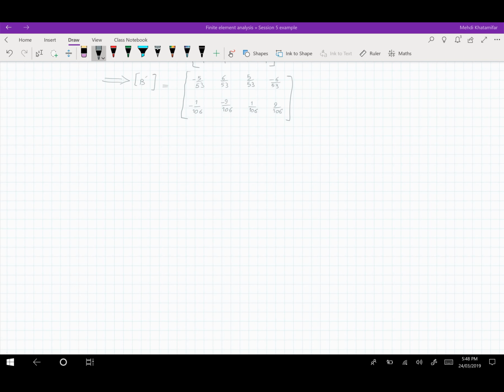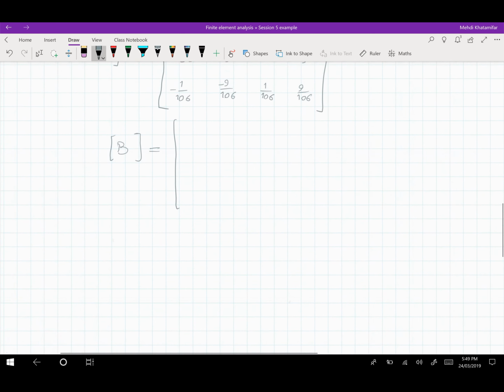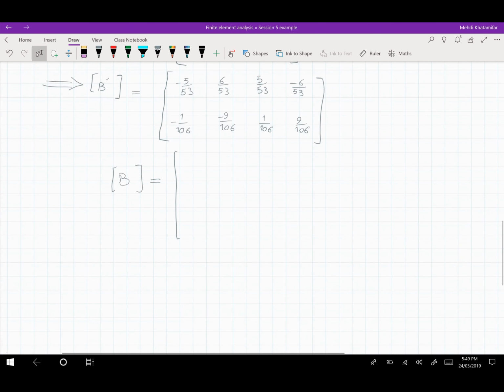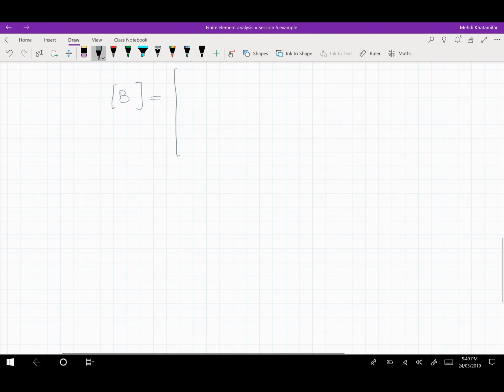Okay, up to this stage we found the compact strain displacement matrix. Now it's time to sub all these values to get the final strain displacement matrix B. Let's write the general formula for this. As you know, it is the combination of the values we found for the compact one. Let me remind you what the formula is.